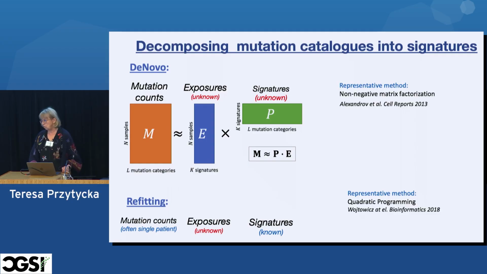So I'm not going to say more about this inference of mutational signatures, just as in the case of decomposition of bulk data into cell types. There are many methods, many challenges, and new methods are still being proposed.